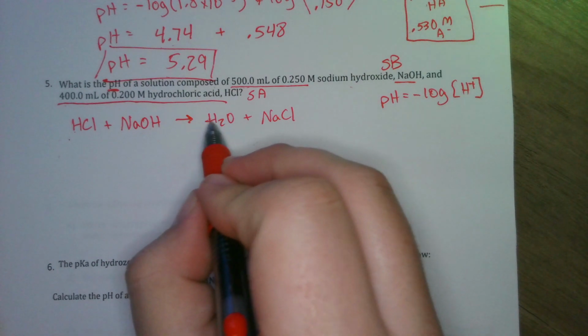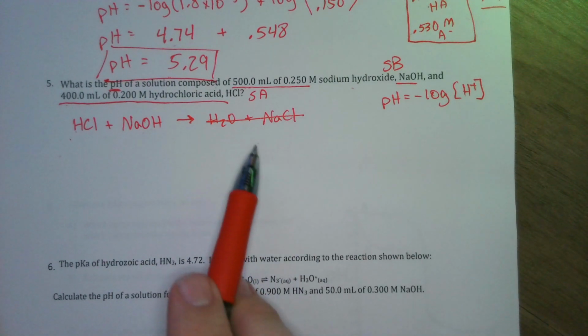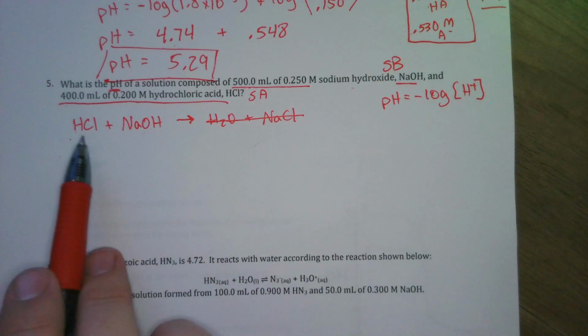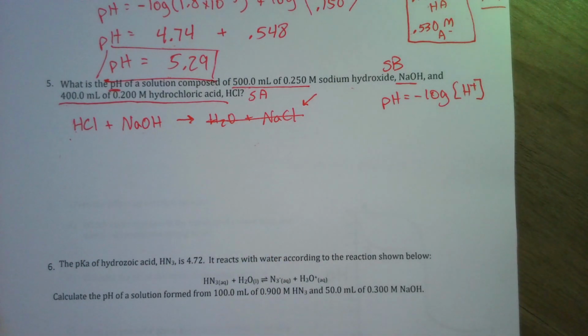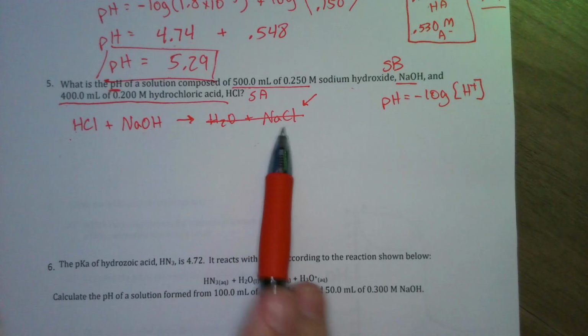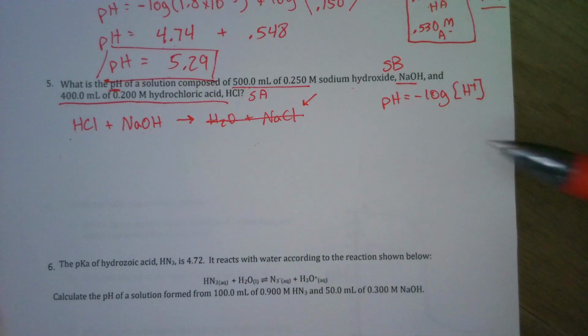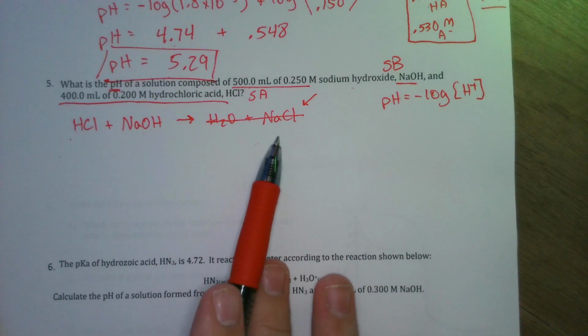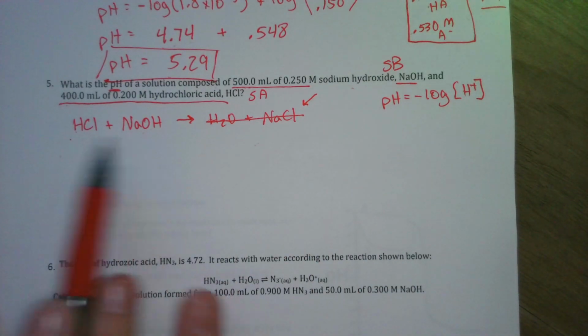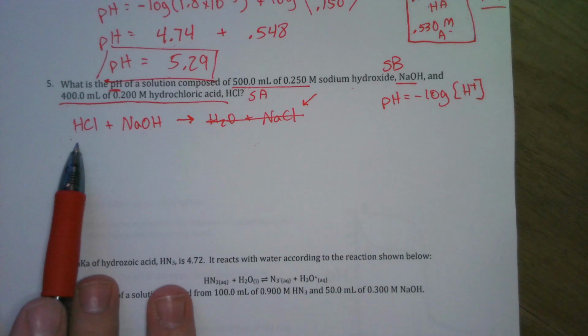Okay? Because both these things are strong, this is a strong acid, this is a strong base, the products are pretty much irrelevant. If one of these things were weak, if I had a weak acid or a weak base, then this salt would be relevant. And the reason it would be relevant is because you make a buffer solution. And in a buffer solution, you have to consider both the weak acid and weak base. But in this case, you're going to have a strong acid or a strong base left over.